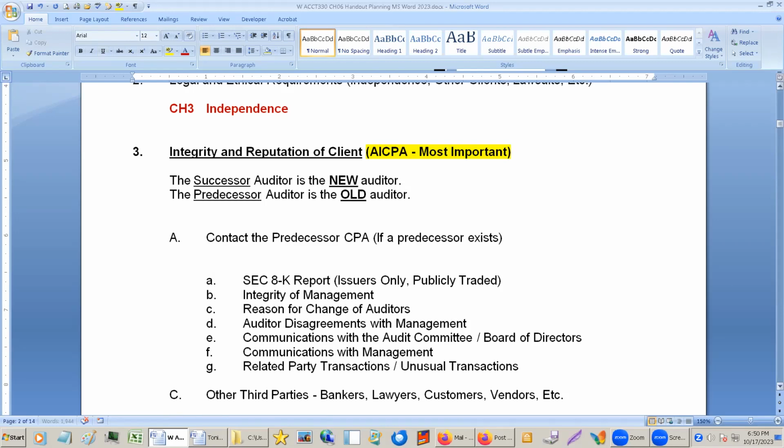Now, the successor auditor must get permission from the client.